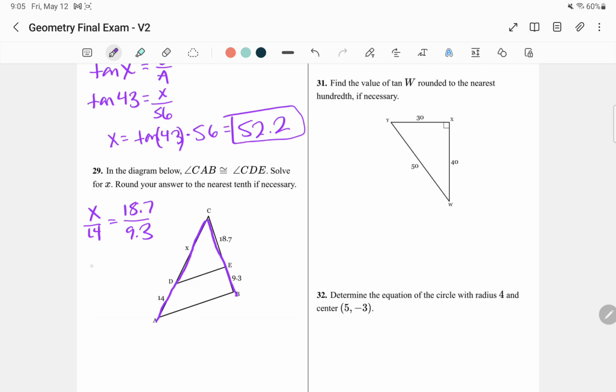We're going to butterfly, so 9.3 times x is equal to 14 times 18.7. So let's put that in our calculator. 14 times 18.7 is equal to 261.8. Now I'm going to divide both sides by 9.3.